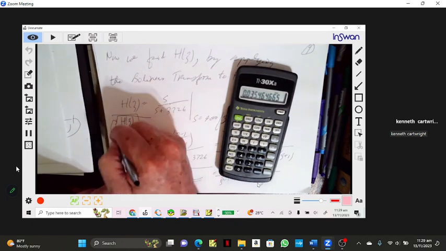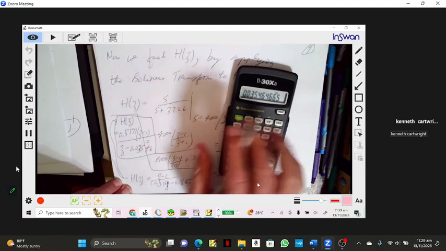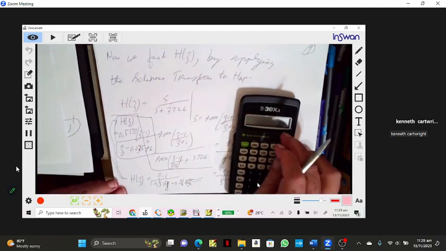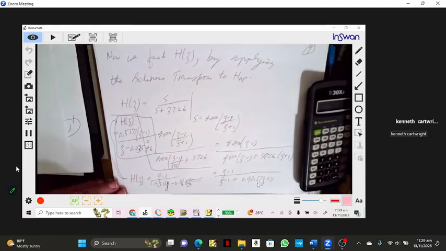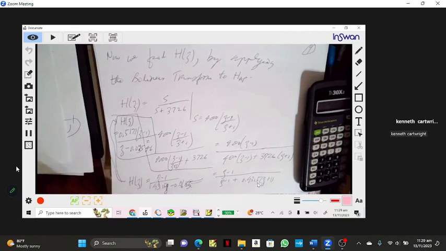And that's our filter. That's H of Z of our filter. That's what we're after.